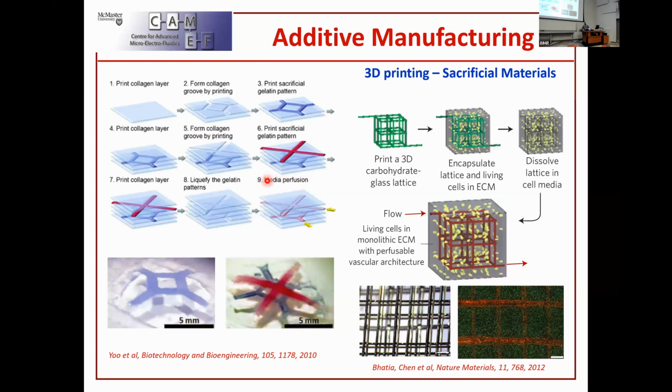And then once that scaffold is built, you can pour or cast your hydrogel with the cells loaded in it into that structure and then dissolve away that sacrificial material. So once again, the sacrificial materials that you use cannot be anything. They have to be non-toxic to the cells. And so only certain classes like gelatin and sugar have been used so far.